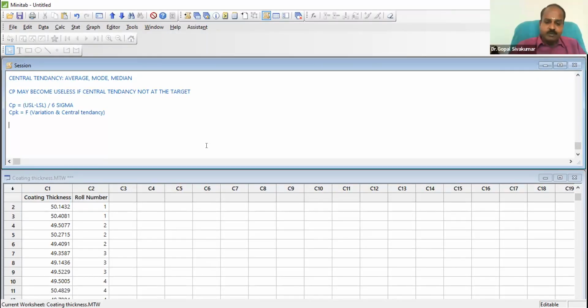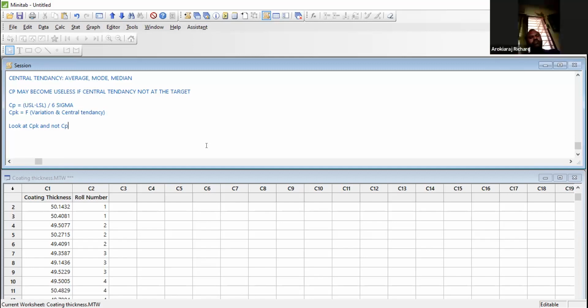After conducting the capability analysis, please look at CPK and not CP. All of you agree with me? Yes, sir. Because CP can mislead. CP gives only potential capability, and the actual capability you can see through CPK.